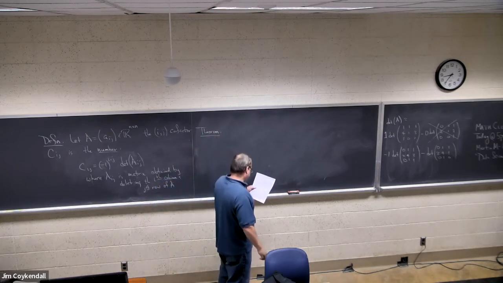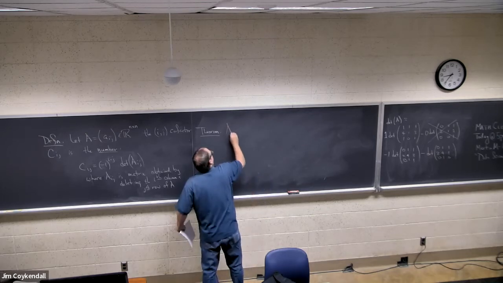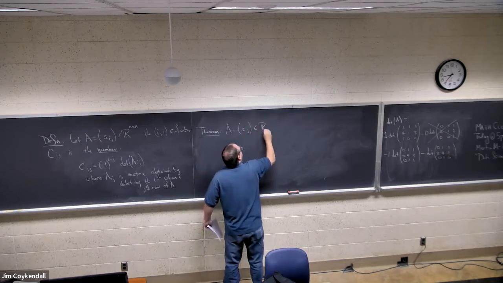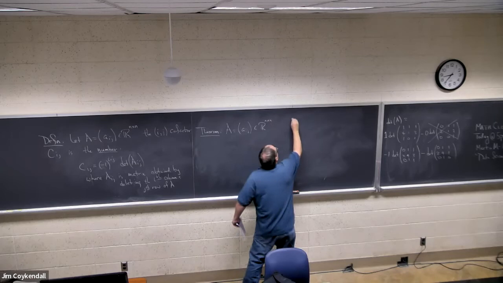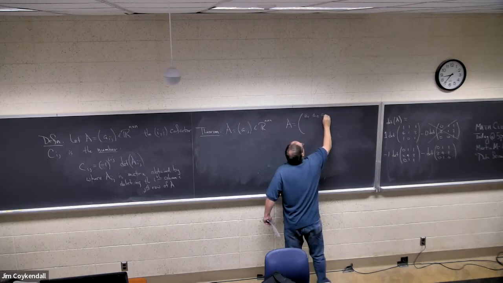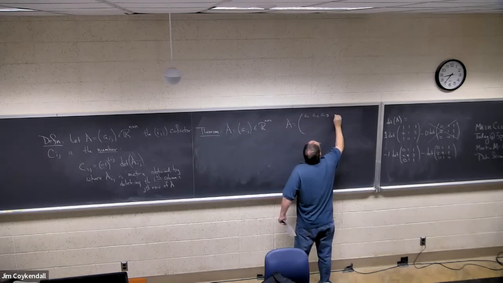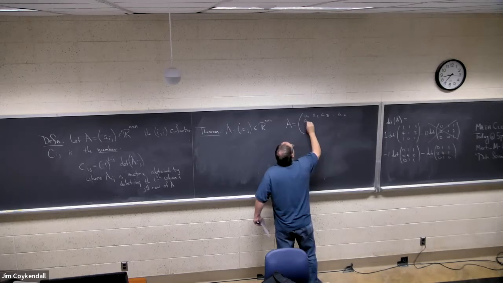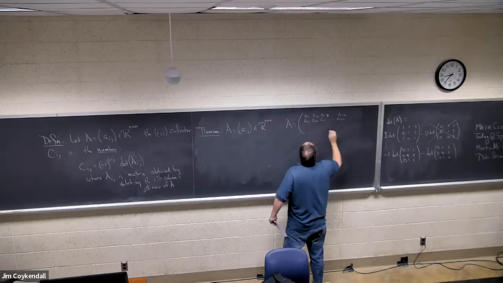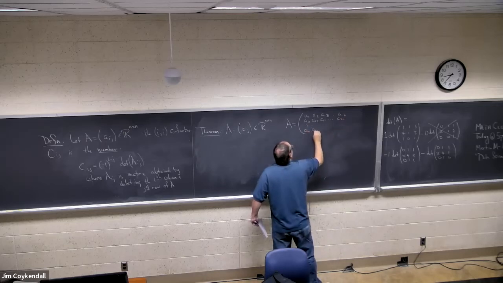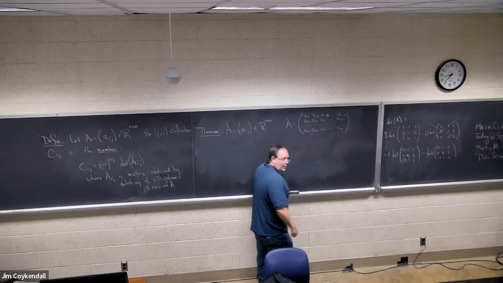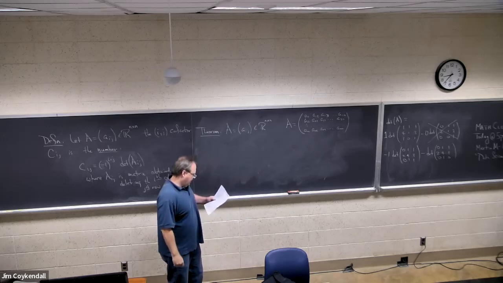Let's write this out so you can see a little bit better. Suppose we have a square matrix like this.